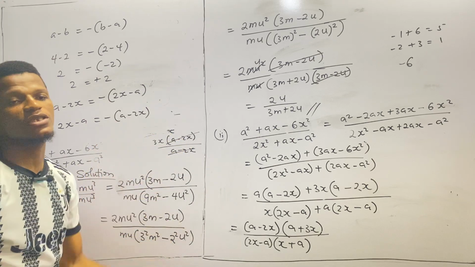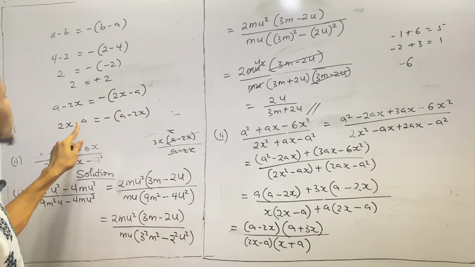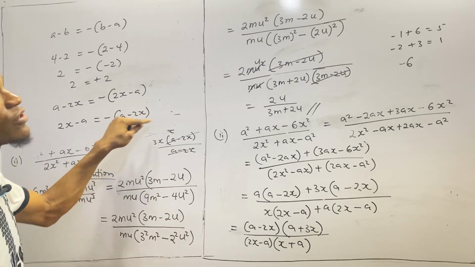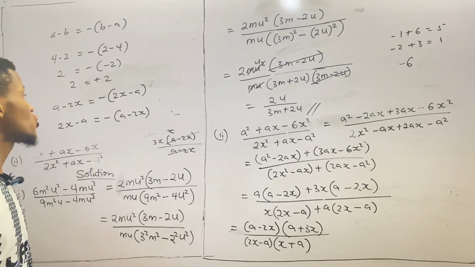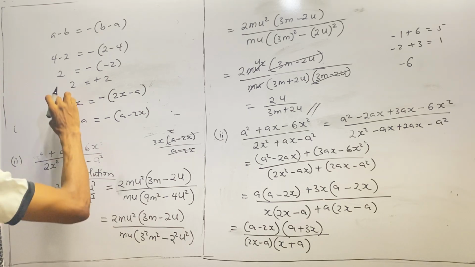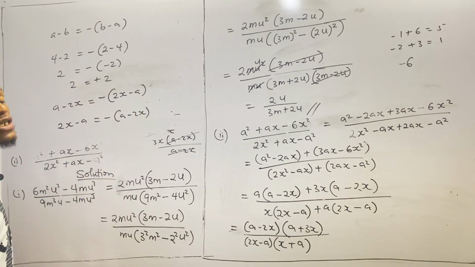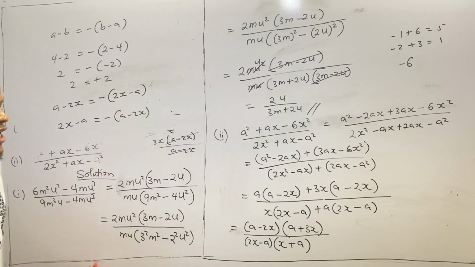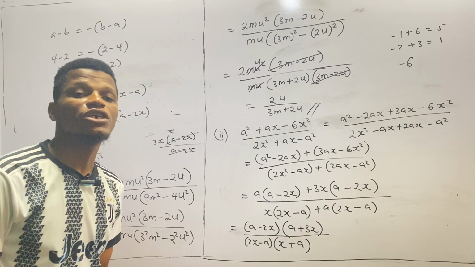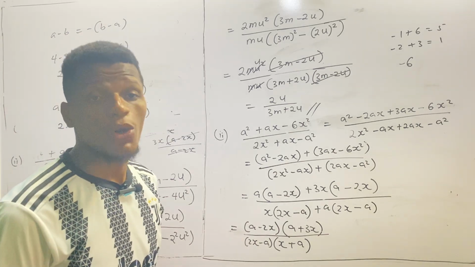So the first minus the second is equal to minus the second minus the first in bracket, all right? So it's either we replace a minus 2x with minus 2x minus a, or we replace 2x minus a with minus a minus 2x. Any one you choose to do here, you are still correct, all right?